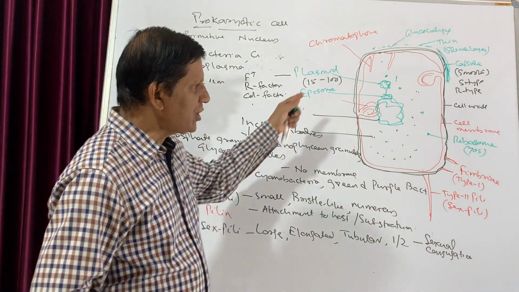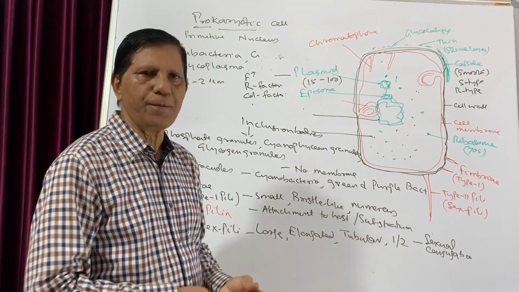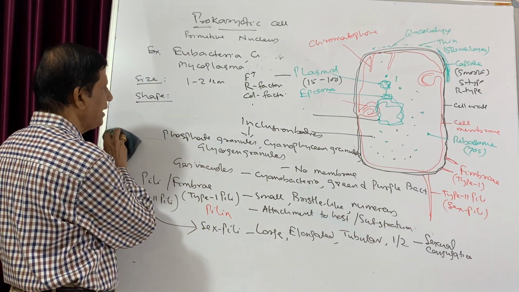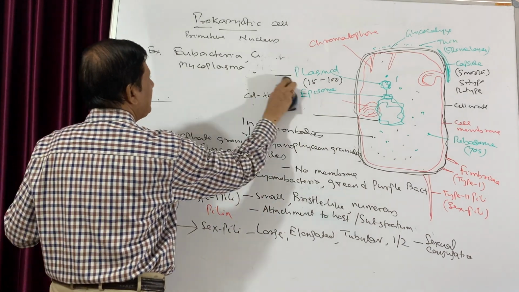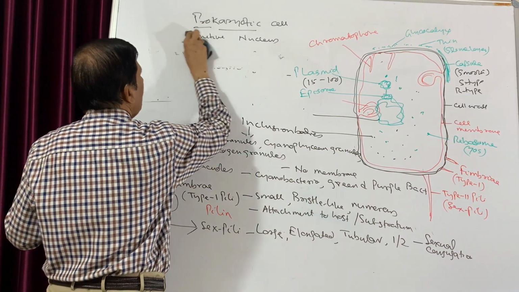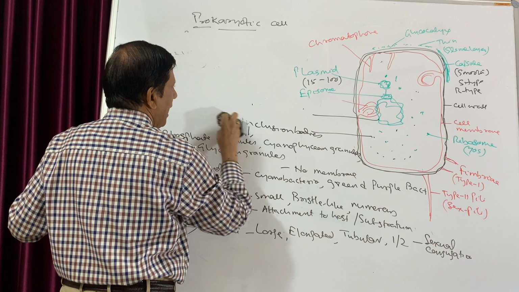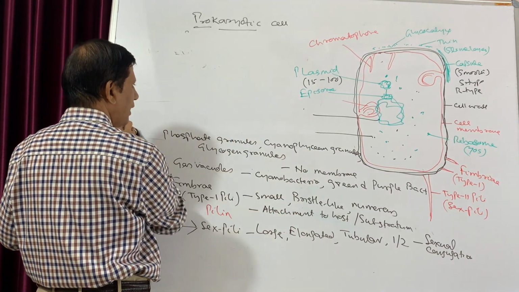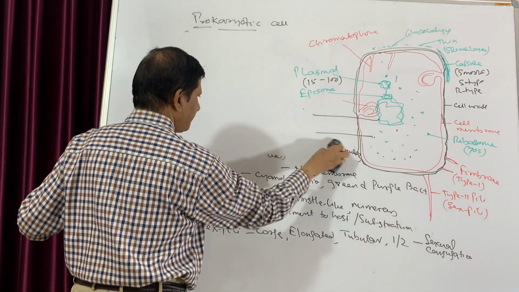And in addition to Pili and Fimbri, sometimes bacteria may have flagella for locomotion. There are also some bacteria where the flagella may be completely absent, or in some cases present.